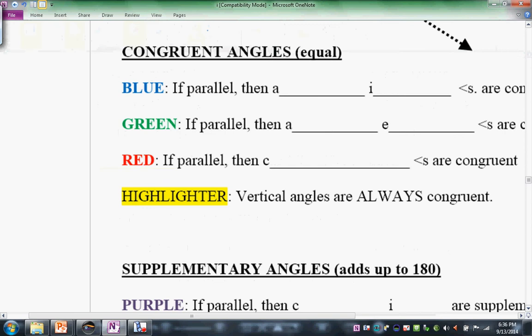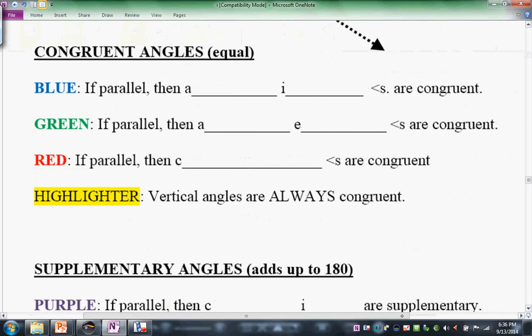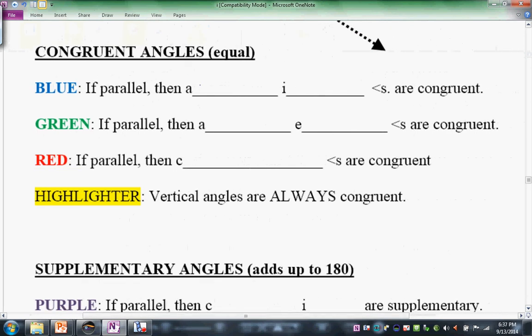Let's just write these in and then I'll give you the demo. When lines become parallel, just write this down. Alternate interior angles become congruent.